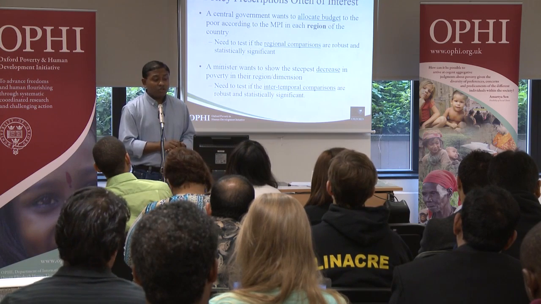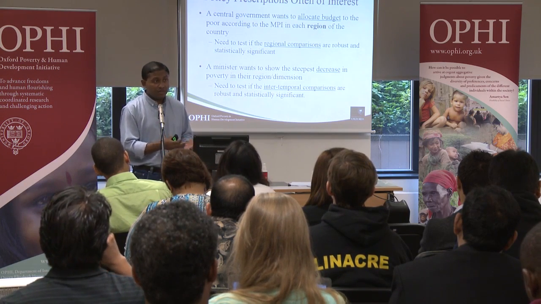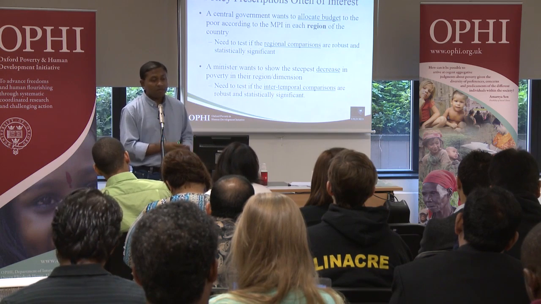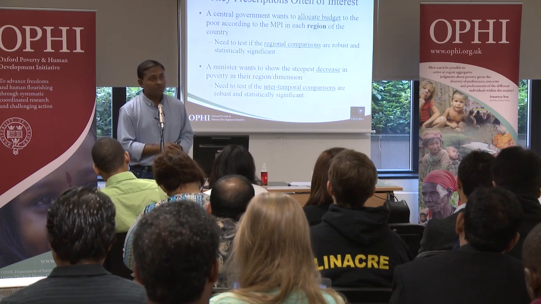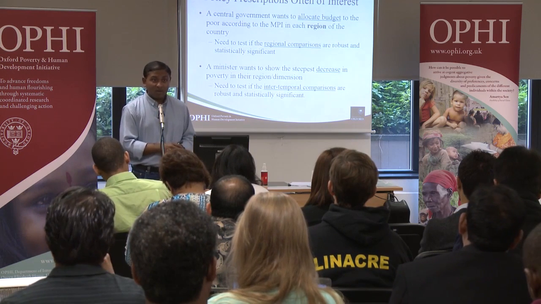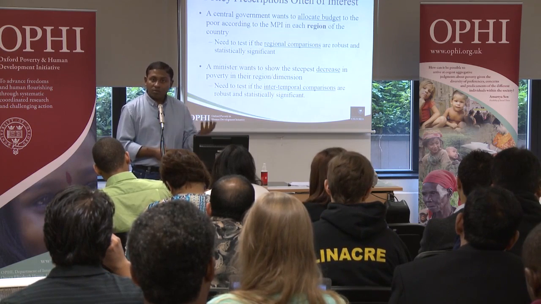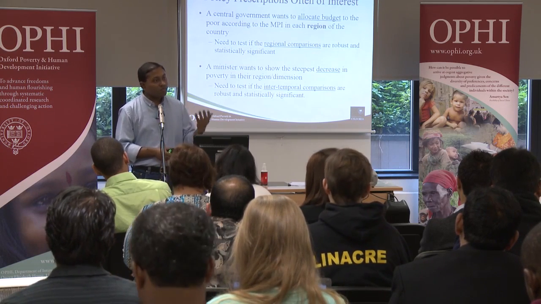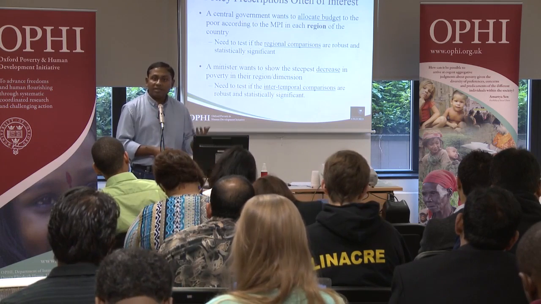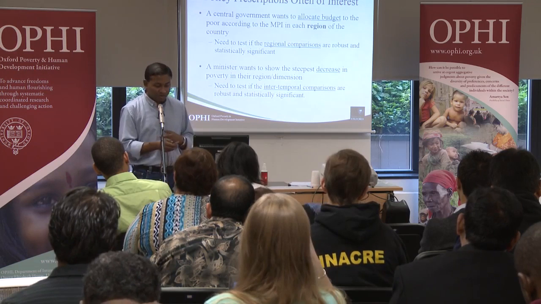Or a minister wants to show the steepest decrease in poverty in their region or dimensions. The first one is a cross-sectional comparison, and the second one is more related to intertemporal comparisons. Has poverty gone down? Can you say confidently, yes, it has gone down with respect to alternative choices of parameters, or based on the sample that you are using? Does it allow you to say that it has definitely gone down?